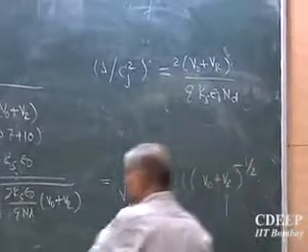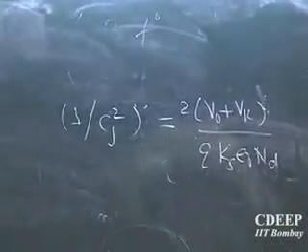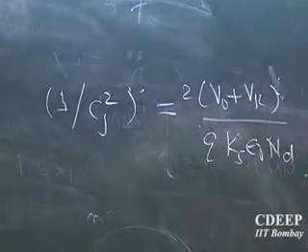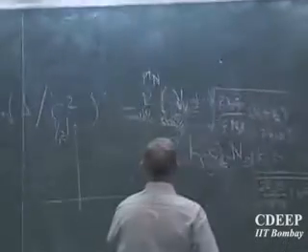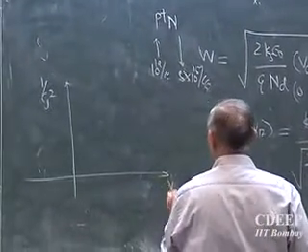So if I now plot this 1 upon Cj square against reverse bias, a very interesting figure will appear. Call it V, where V means total.